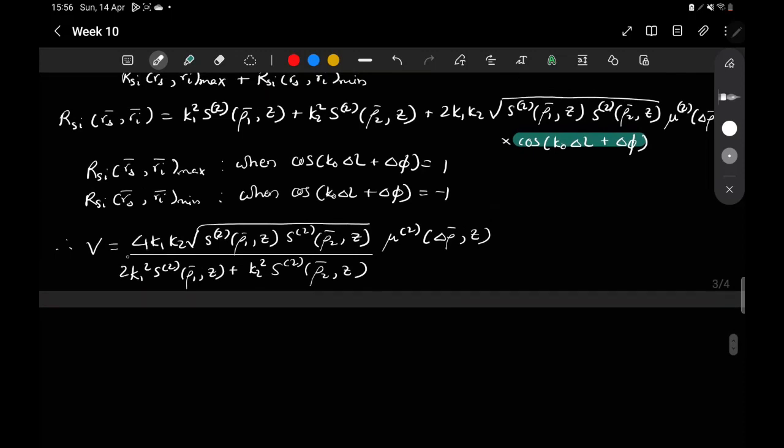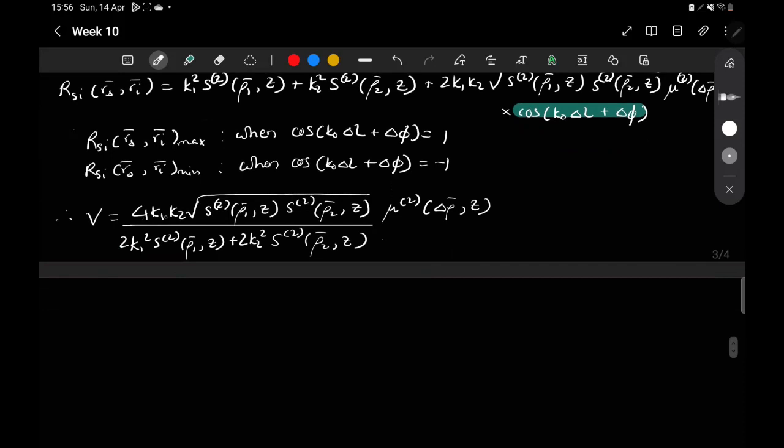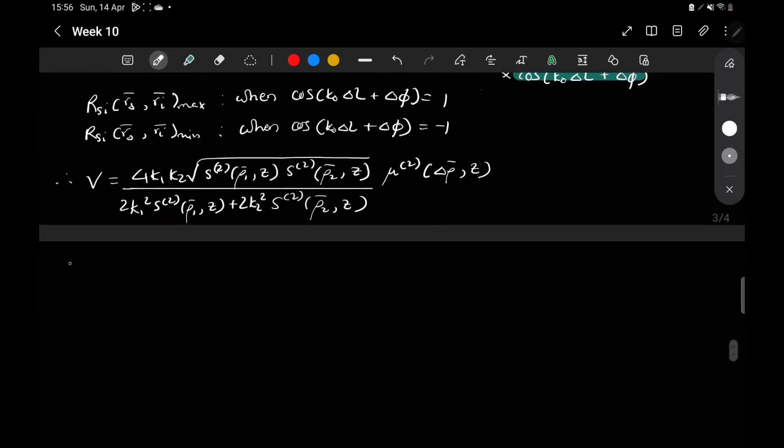Sorry, there is a 2 over here and a 2 over here. So this 2 cancels with this 4 over here to give a 2 in the numerator.